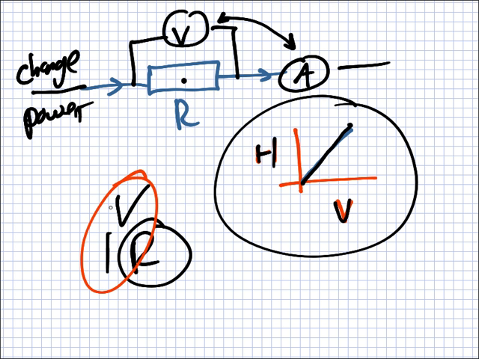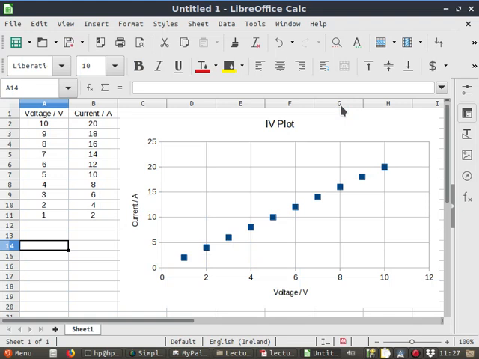That's V over I. Now this graph is I over V, so it means the slope is 1 over R. Okay? Now because the slope, the gradient, doesn't change, it means the R doesn't change.